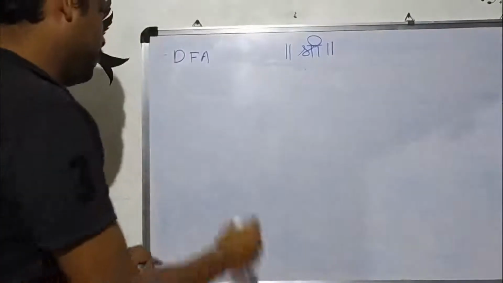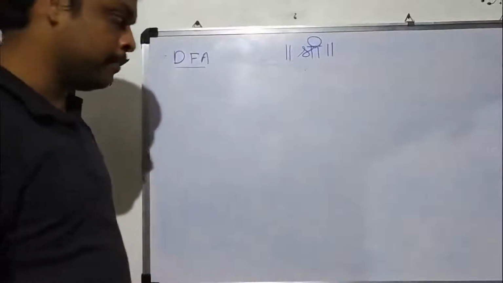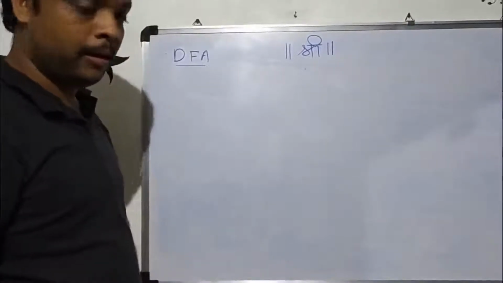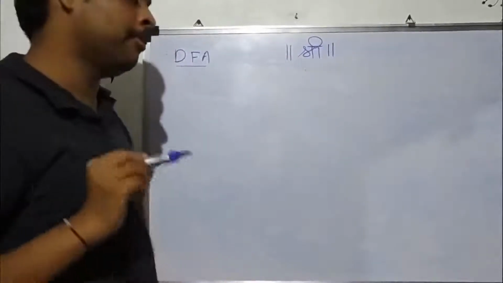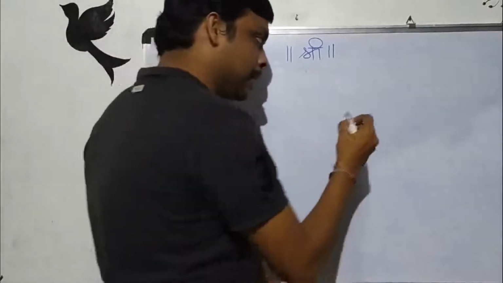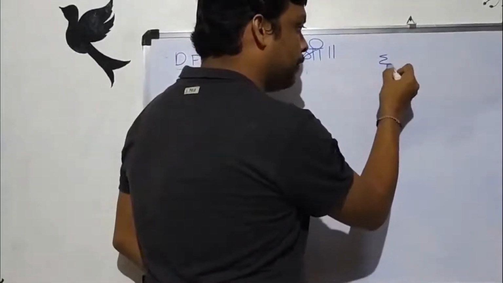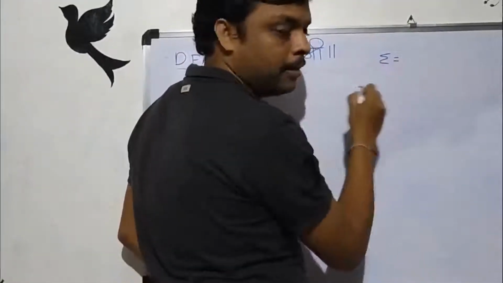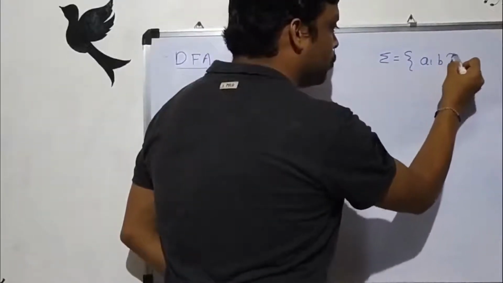Before proceeding with the actual definition of deterministic finite automata, I just want to draw the same diagram which we have already discussed in our previous session. If you remember, in our previous session we assumed that we have input alphabet sigma, taking two symbols in it, small a and small b.